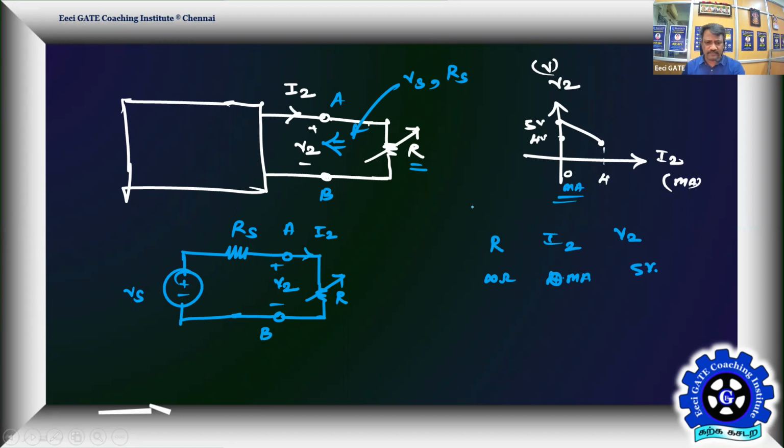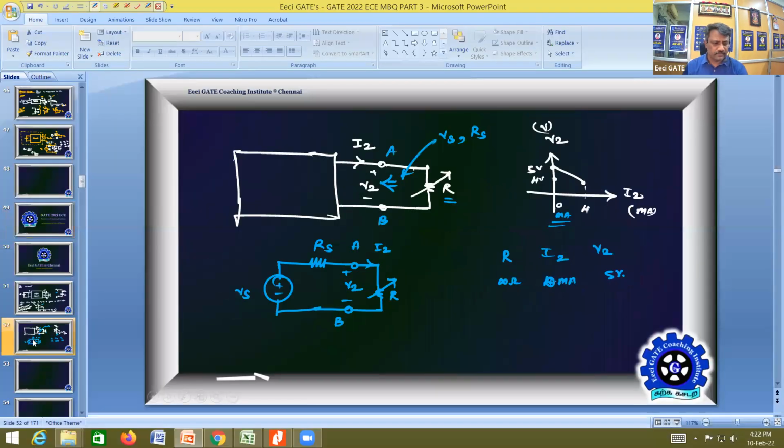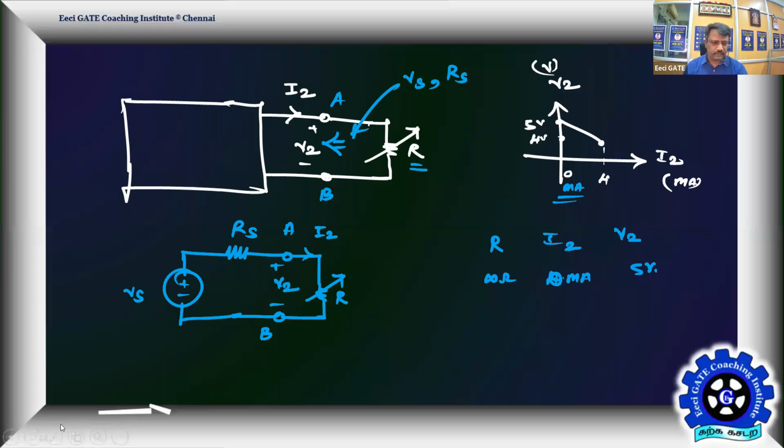Let me have a copy of the same. Now, I2 is given as 0 milliamps, and V2 is given as 5 volts.